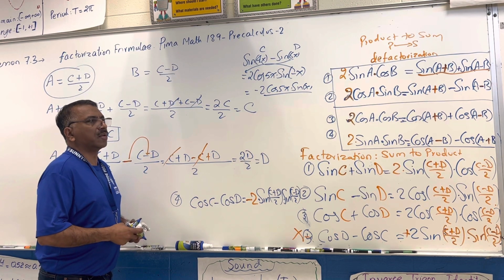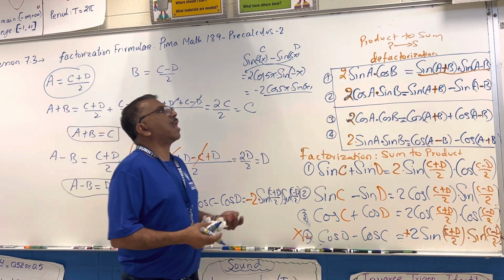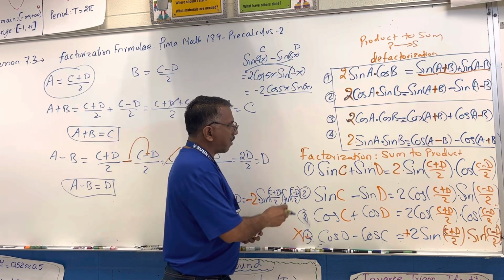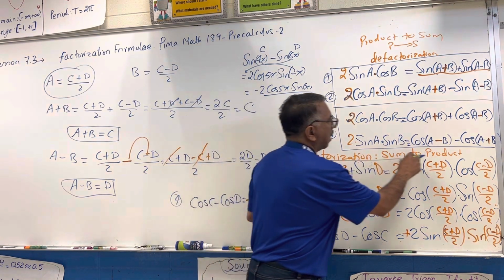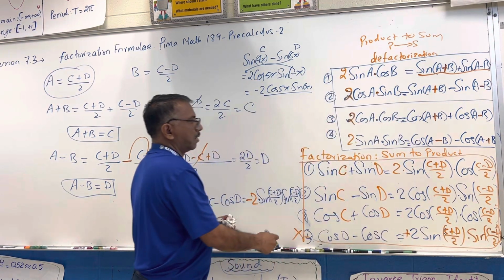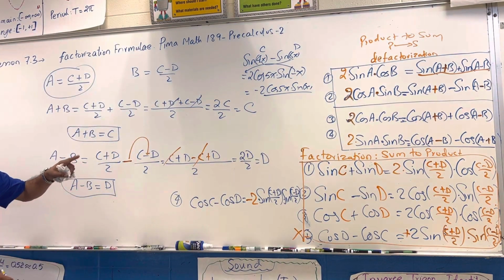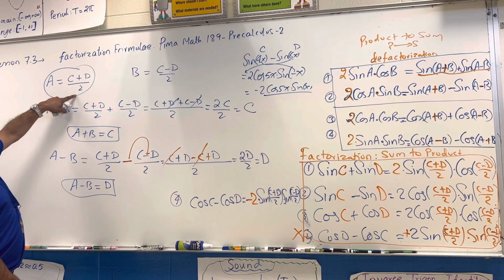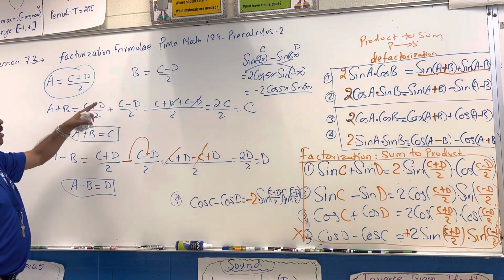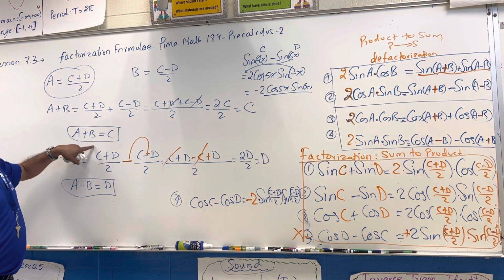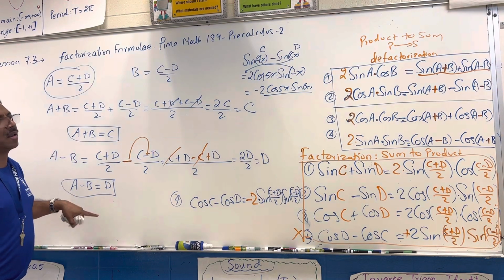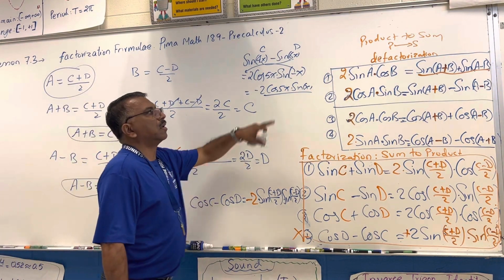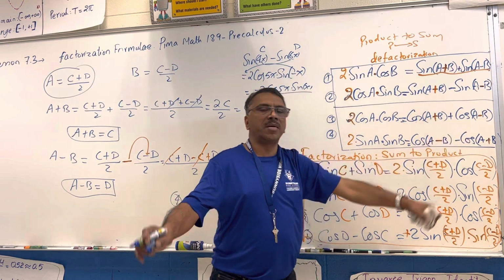Application is very important, but before applying, how this formula came about is important. The trick is, if you know the product-to-sum formula, just replace (C plus D) divided by 2 as A and (C minus D) divided by 2 as B. Do A plus B and A minus B, and replace them in the original formula and you get it.